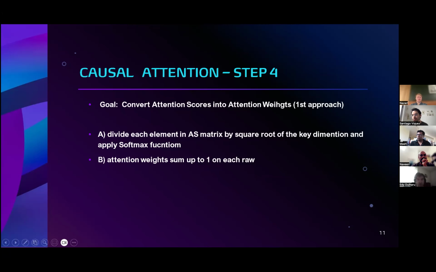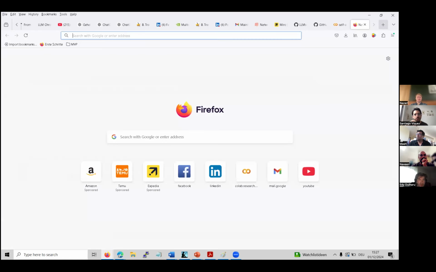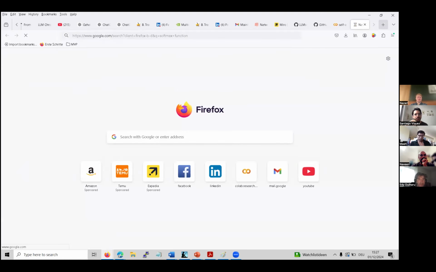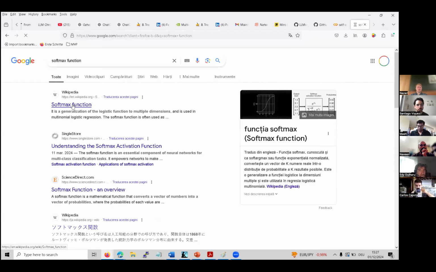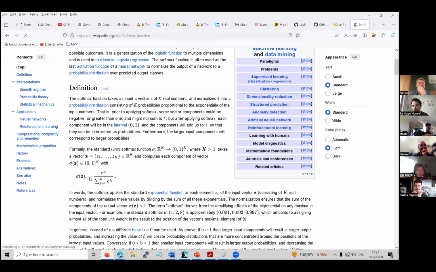I need to show how the softmax function looks. So this is the definition of the formula for this function. I know it looks a little bit scary, but it's important.